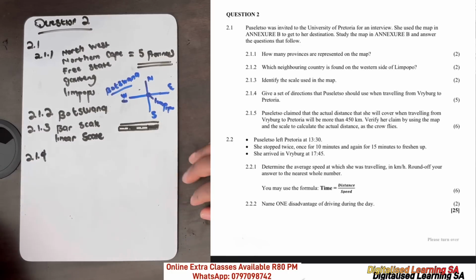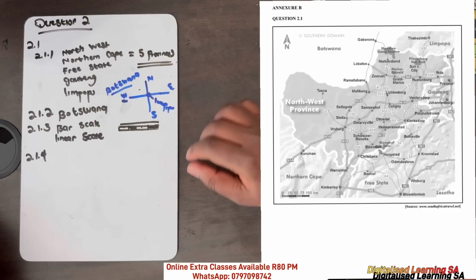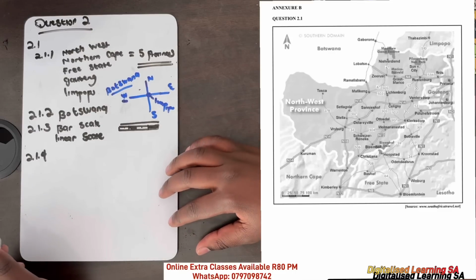Question 2.1.4 says, give a set of directions that Puseletso should use when traveling from Vryburg to Pretoria. Okay, so if we look on our map, we can see that Vryburg is located on the N14.